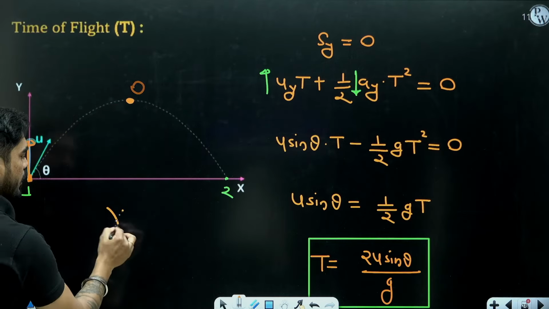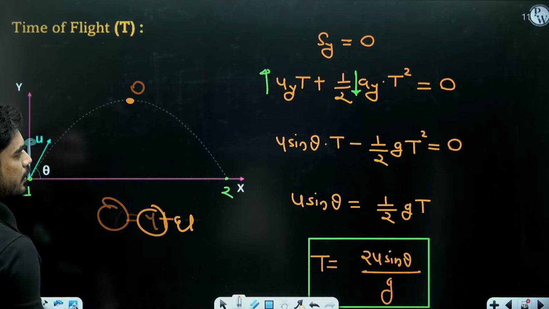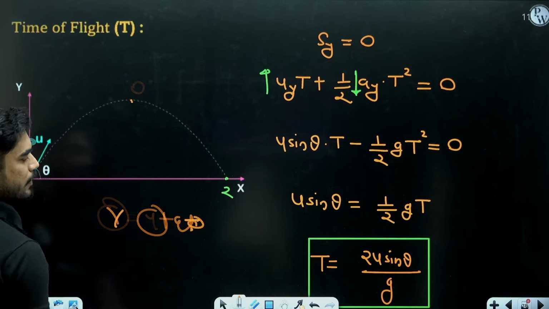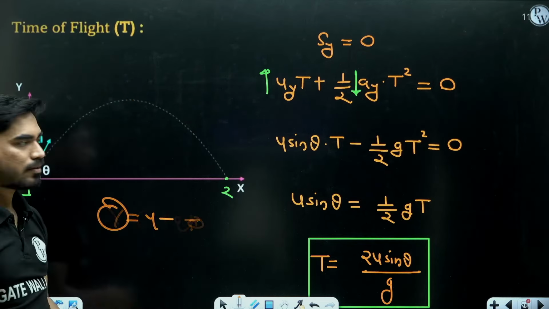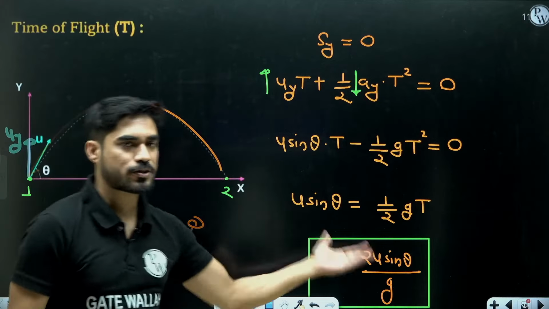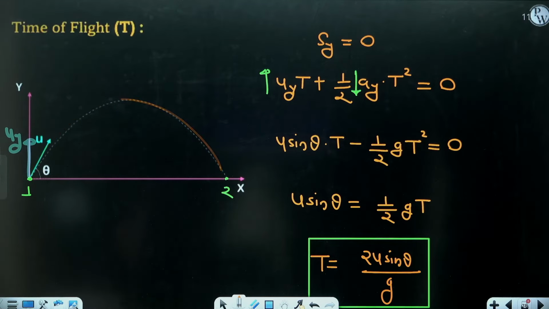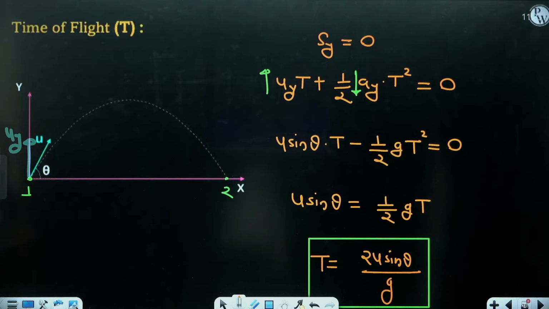You can use this equation, v equals u plus at. V will be 0, u will be u sine theta. So t will be equal to u sine theta by g. So this is half of the time. And if you multiply by 2, it will become 2u sine theta by g. Okay, so this is the equation of the total time taken from 1 to 2.